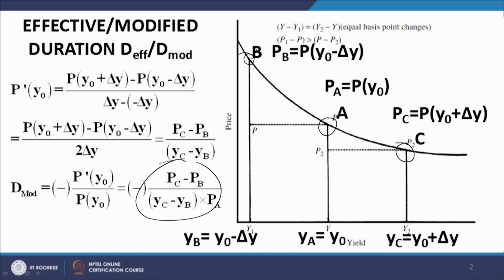So, in that situation the payoffs do not turn out to be symmetric, and in that situation we define the new concept that I briefly talked about in the last lecture, that is the concept of one sided duration, where we look at the changes in price in one direction. In the normal modified duration, we are looking at changes in price in both directions, a decrease in YTM or an increase in YTM.